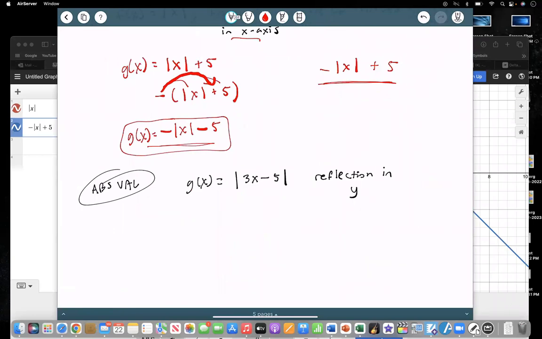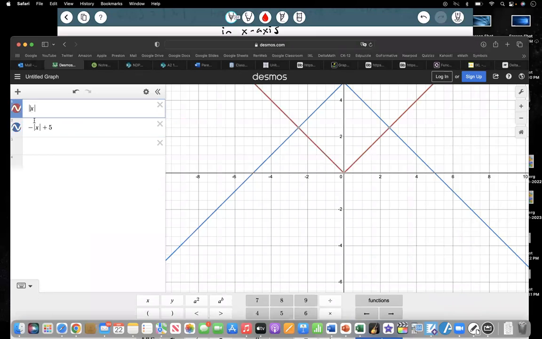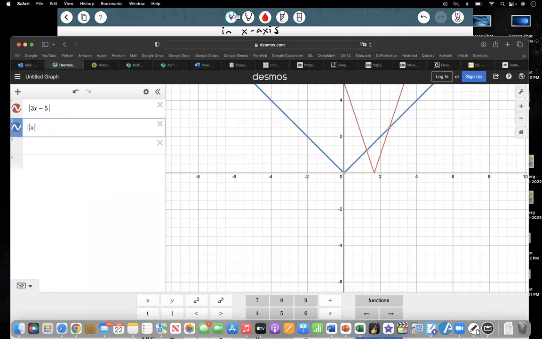Okay, just one point I want to make before we finish up here. That point about factoring it out, just to show you. If you reflect in this one in the y, which means you make just the x negative, so you make just this x negative, that would be negative 3x minus 5. So that 3x minus 5 looks like that red guy there.